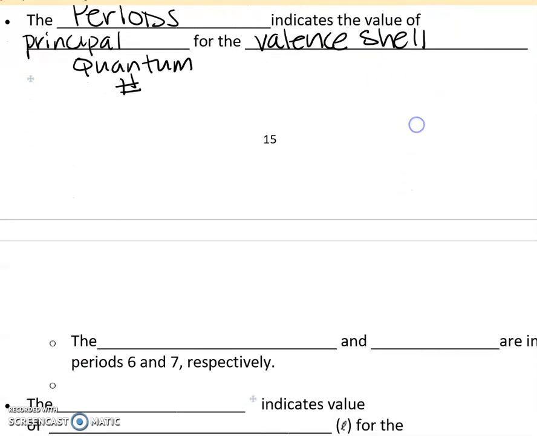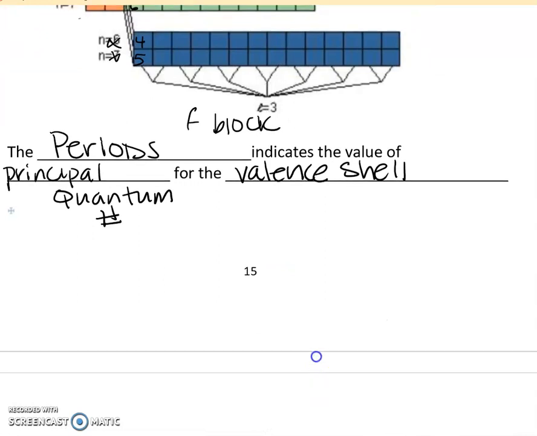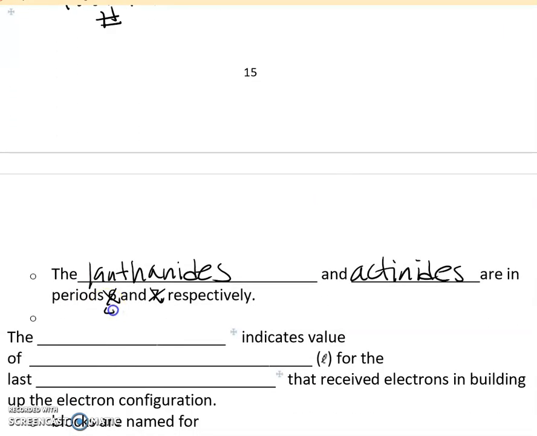And our lanthanides and actinides are in periods 6 and 7, but when we do quantum numbers, we're not going to use 6 and 7. Recall, we're going to use 4 and 5, just like in electron configuration, 4 and 5.